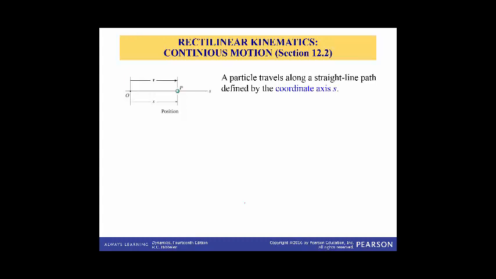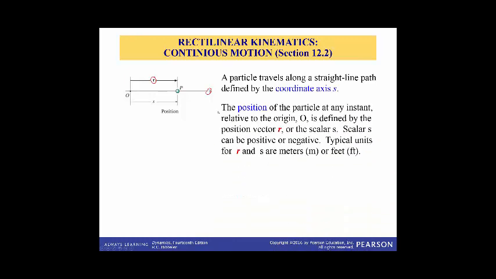First thing, we're going to be dealing in a straight coordinate axis. So in this case, you have this coordinate axis S, meaning this is the distance. And so we have a particle. S is the distance, and let's talk about a distance equal to r that the particle is moving. Okay. So the position of the particle at any instant is given by this vector r.